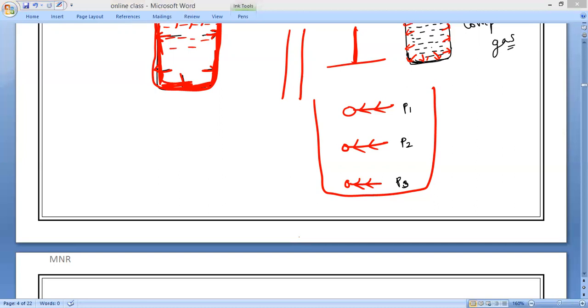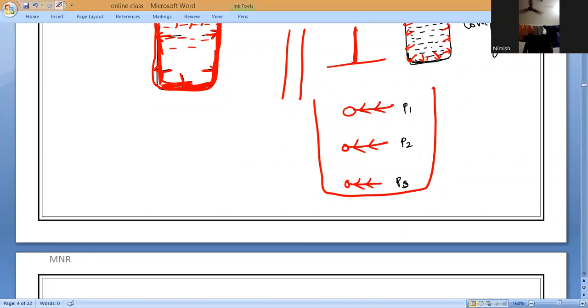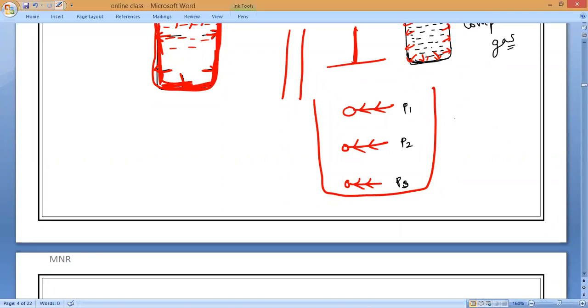Mr. Kaushik, Aswin Balaji, Nimish, Gokul, why is it P3? Because who is deep inside? P3, sir. We always have to remember to measure from the top.